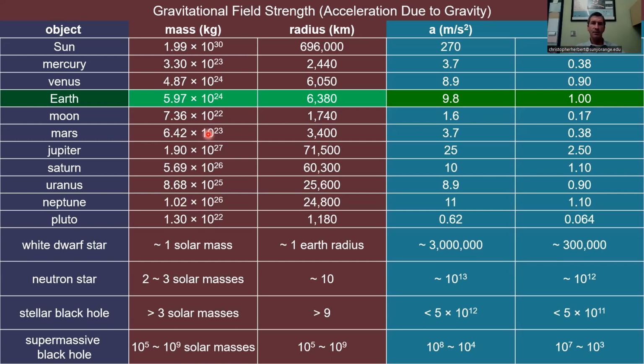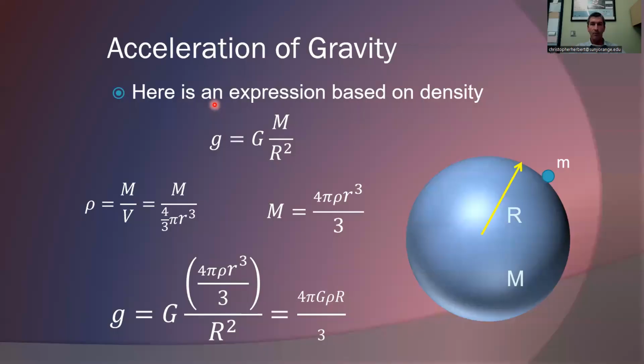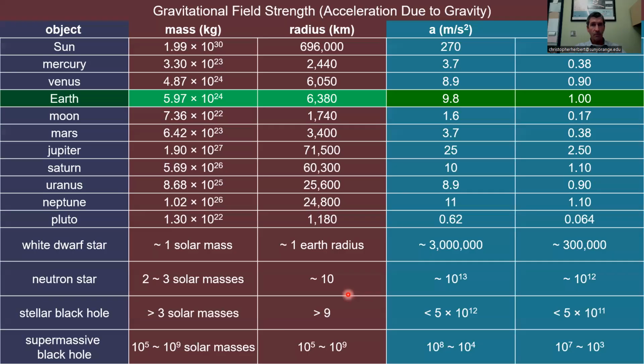And the explanation goes back to density. If we go back to this equation right here, the acceleration goes by the density times the radius. And although Mars is a much larger, more massive planet, Mercury is much denser, and its higher density allows it to have the same acceleration on the surface as Mars, which is about twice as massive.